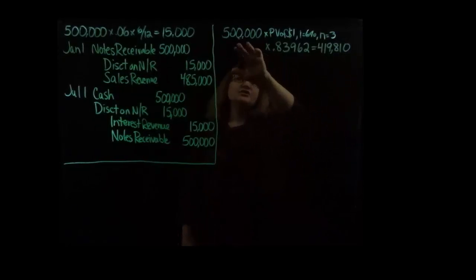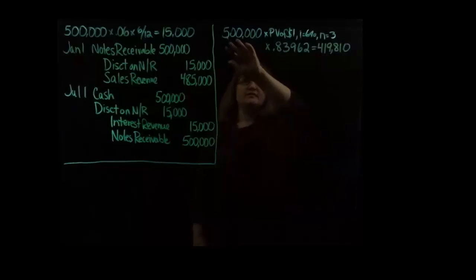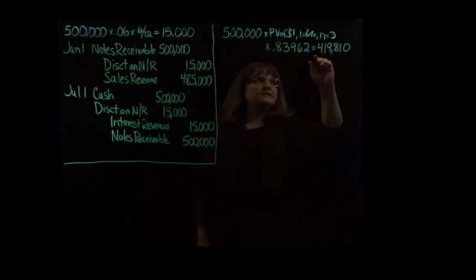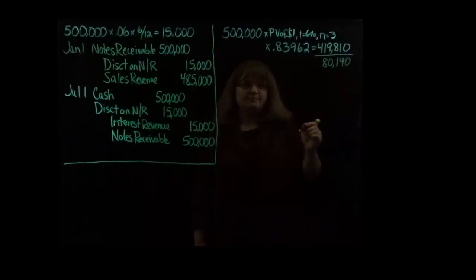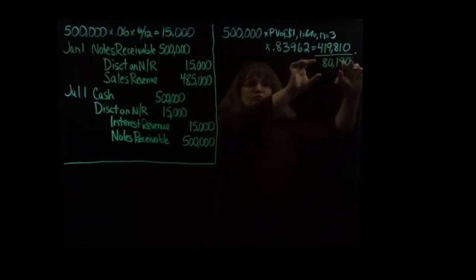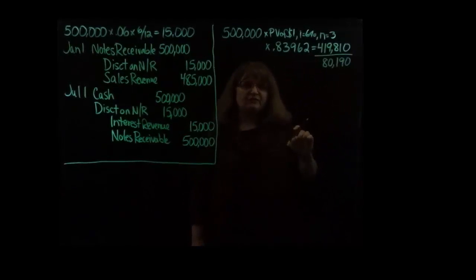That means that our initial discount is the difference between these, so 500,000 minus 419,810 gives us a discount initially of 80,190.